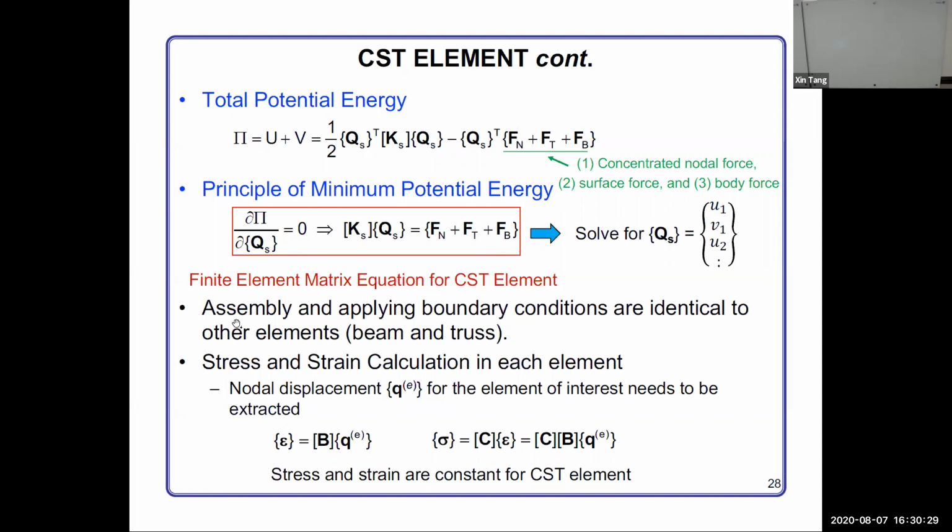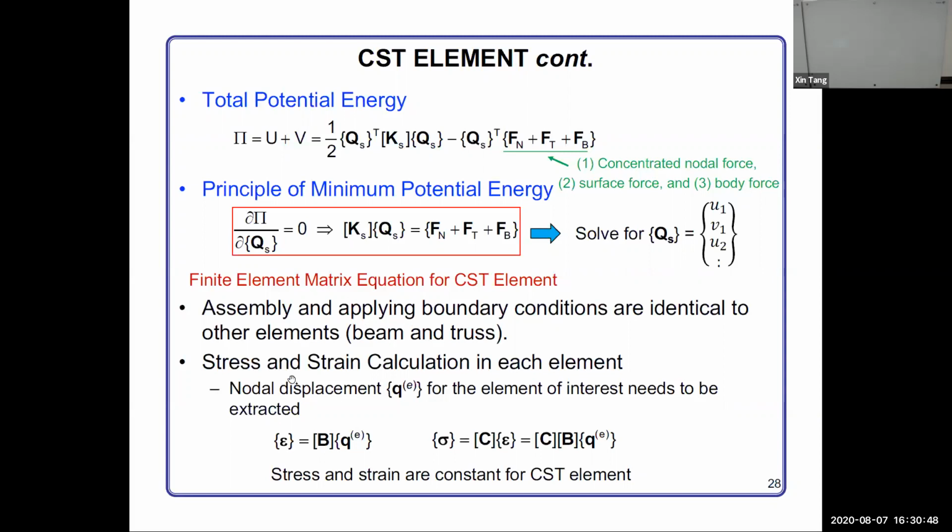For this case, the assembling and applying of boundary conditions are identical to the other elements, like the beam and the truss. For other types of elements, the same logical approach can be used.